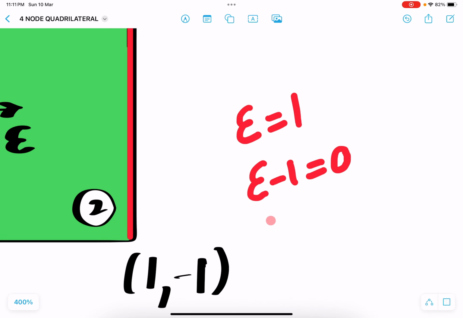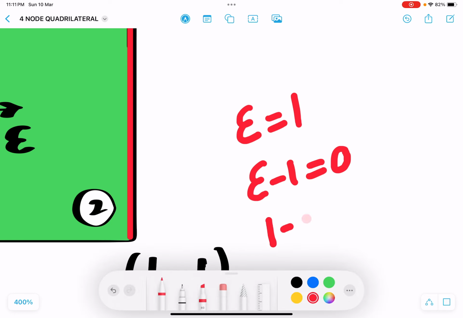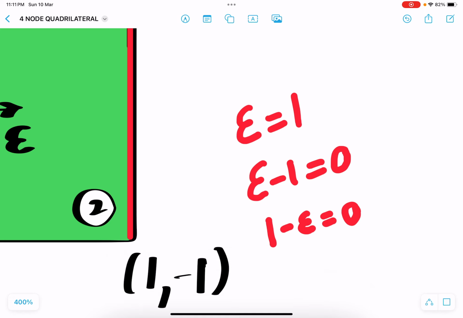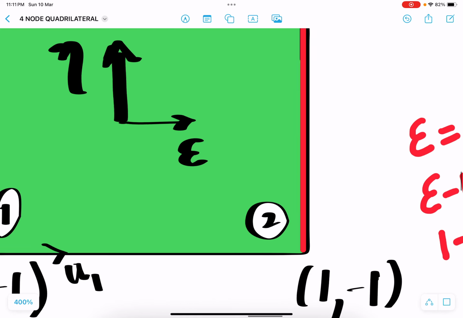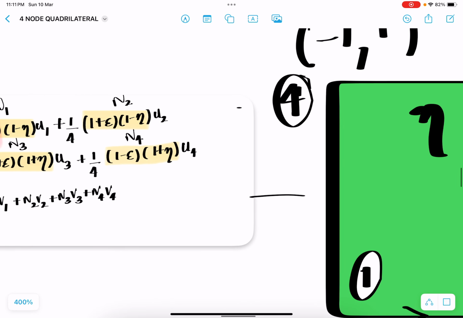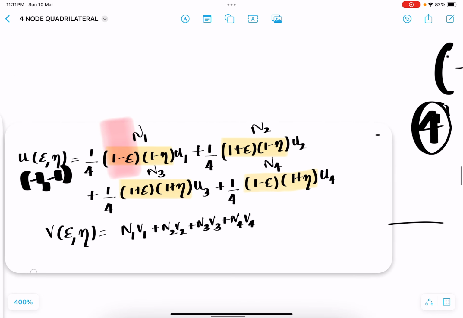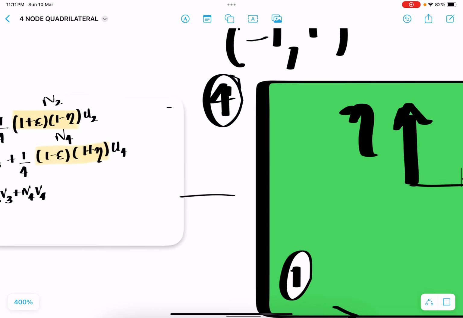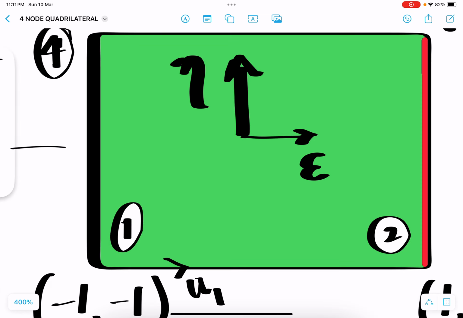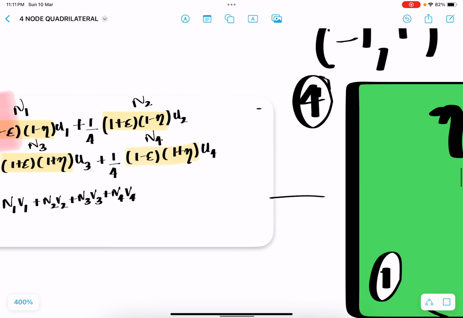If you multiply by minus 1 on either side, you get 1 minus epsilon is equal to 0. So that is the pattern that I was talking about, which means that you can now say this is actually the equation of the line 2-3, right?